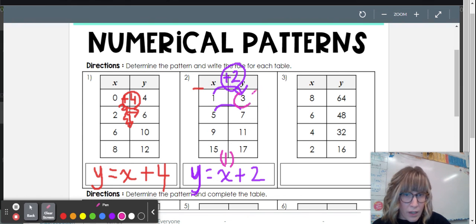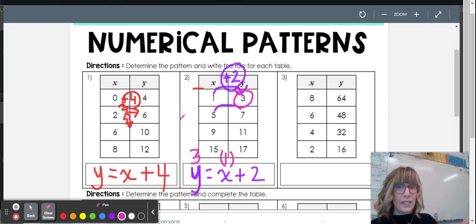And is there a 3 in our Y column? Yes. So 3 is equivalent to 1 plus 2. So it works. So this is sort of the idea. You're going to be looking at your data, looking at your information, figuring out what happens every time between your X to get to your Y, and then you're going to write it as a rule.